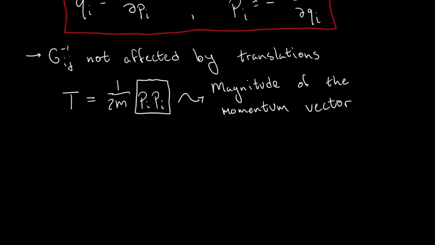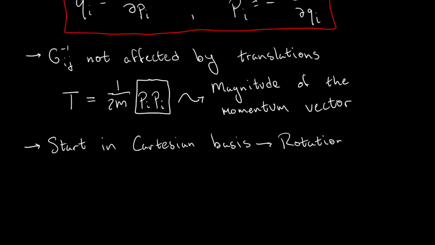And so if we start in a Cartesian basis, then rotations also will not affect G inverse_ij, because the form of this kinetic energy term will never change, and so, of course, if the kinetic energy is not changing, then G inverse isn't changing.